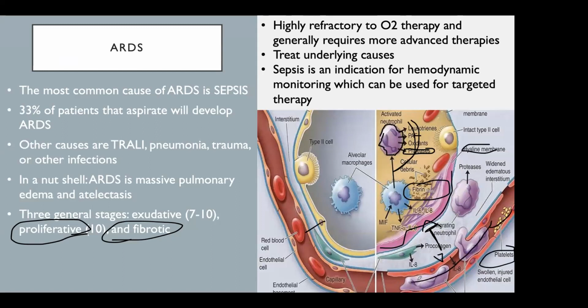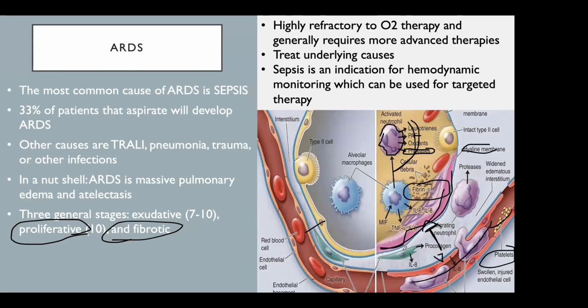Swollen, leaky vessels blocking up the oxygen, swollen, leaky alveolus not diffusing the oxygen, other cellular debris, just junking up the lung, right? So we can see why this patient may be extremely refractory to oxygen therapy. And generally, we will see a lot of these patients on the ventilator.